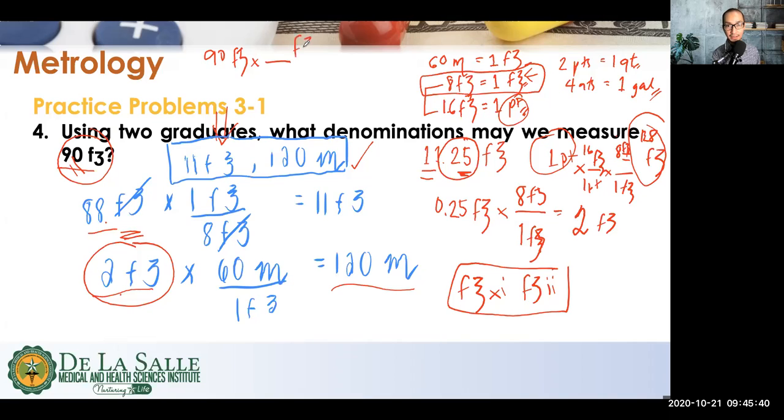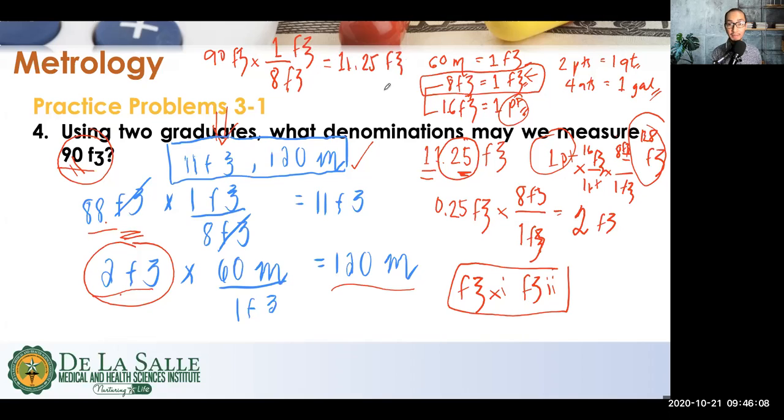So gagamit tayo ng dimensional analysis. 8 fluid drams are equivalent to 1 fluid ounce. That's why we divide 90 by 8. And so our answer will actually be 11.25, or 11 and 1/4 fluid ounces.